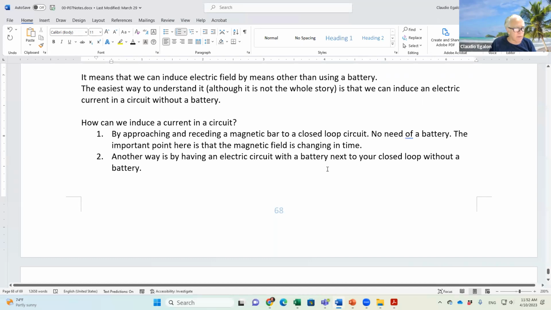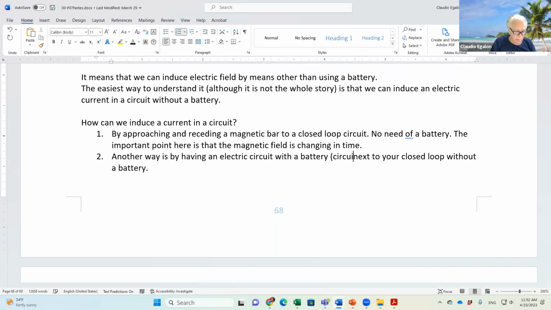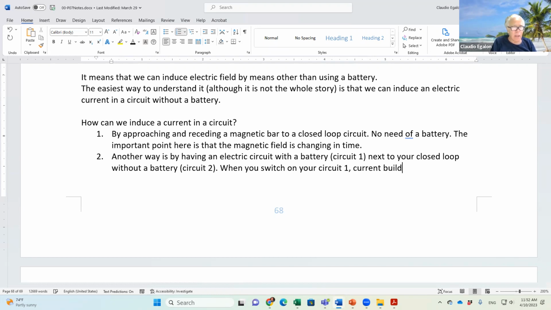I'll call that circuit one, next to a closed loop without a battery. That's circuit two. When you switch on circuit one, current builds up from 0 to a given value, right?